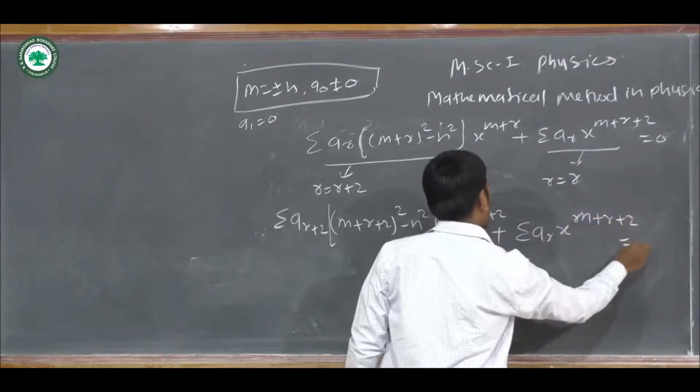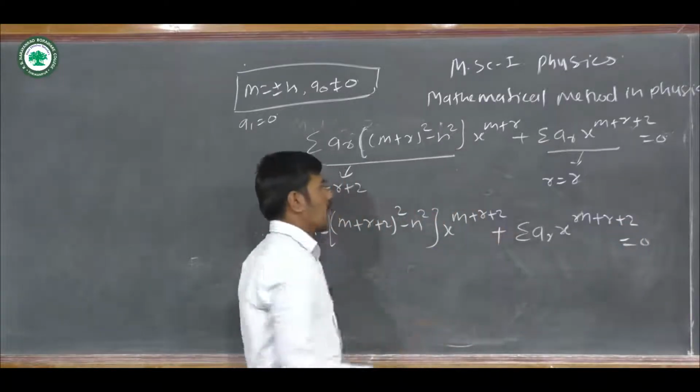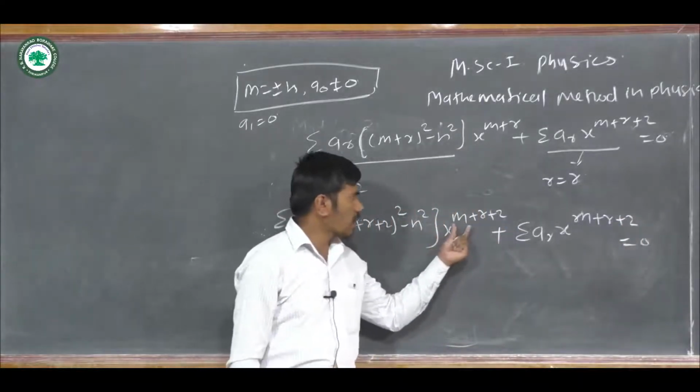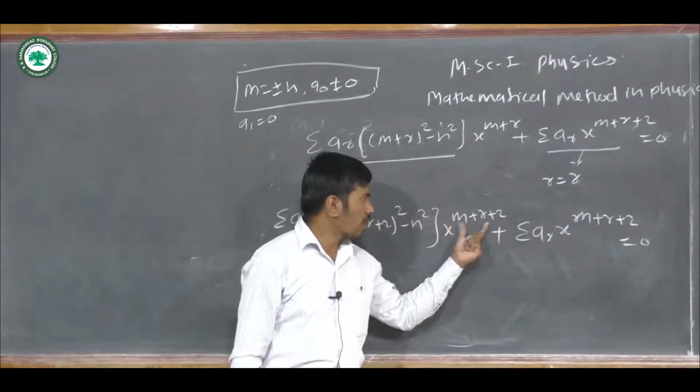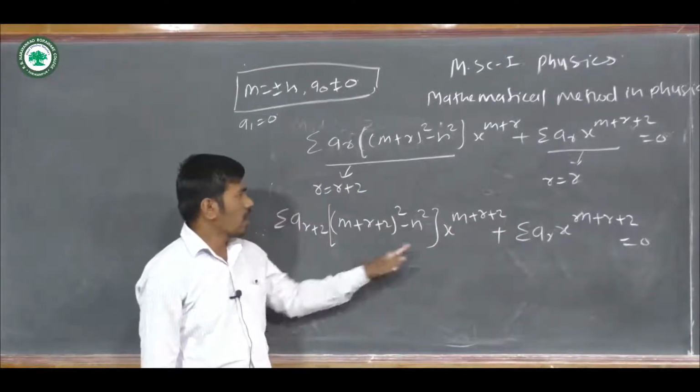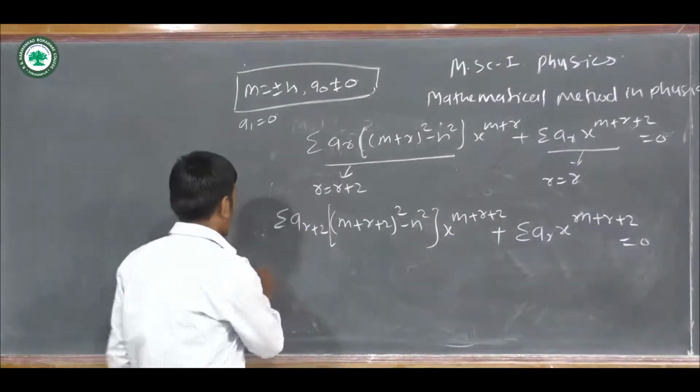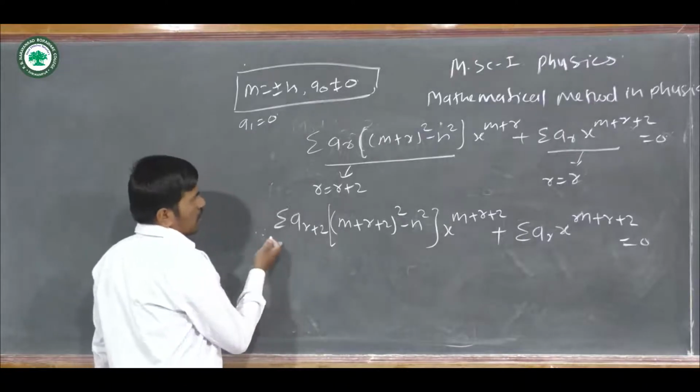Okay, so if you observe, the power of x is the same for both summations. So from this we get what is called the recursion relation.